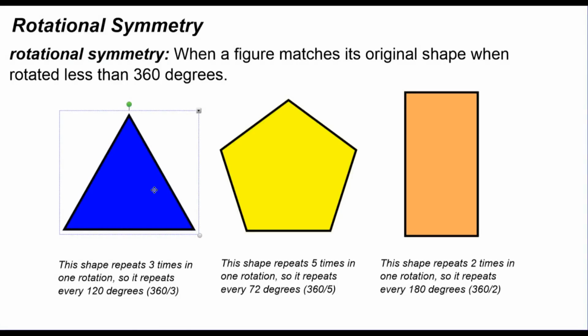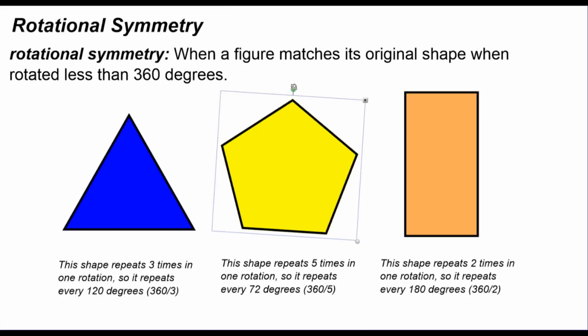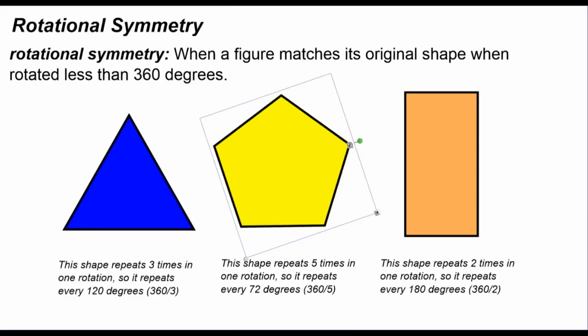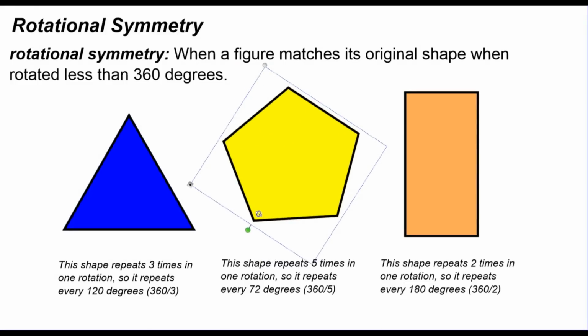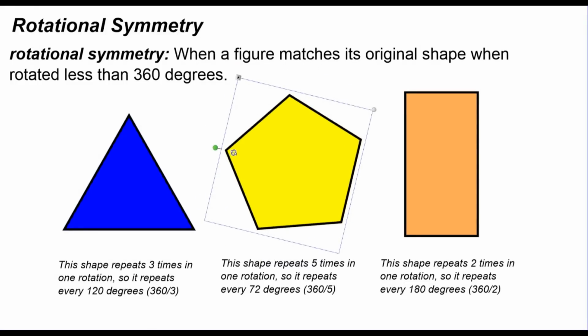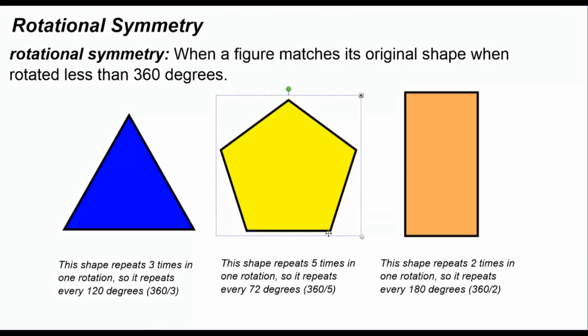So 3 times this triangle looks like it did in one full rotation. So it repeats every 120 degrees, or 3 times in a 360 degree turn, or 360 divided by 3. This regular pentagon will repeat itself 5 times in one rotation. That's 1, 2, 3, 4, 5 times in one rotation.